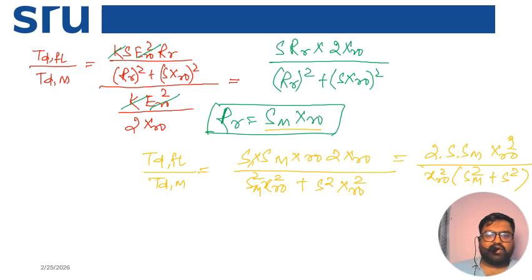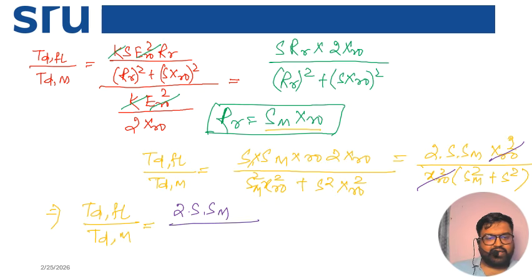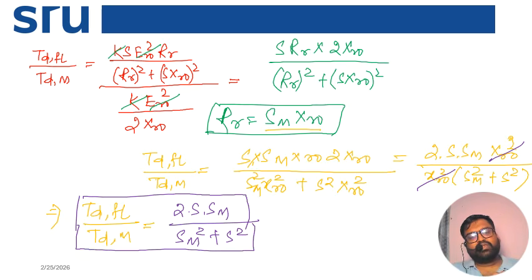Now if you simplify this equation, TD full load divided by TD maximum condition is equal to, XR0 and XR0 cancel out, 2 into S into SM divided by SM square plus S square. Okay, this is all about this formula.